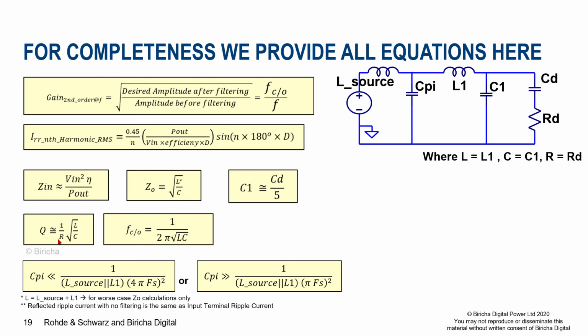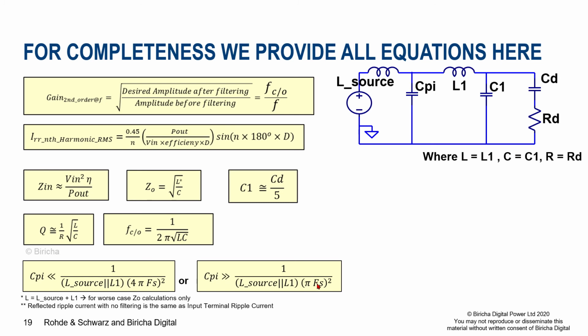And finally, we talked a little bit about the pi cap, which is the capacitor that sits here, C pi. We didn't have enough time to go through it in a lot of detail, but we provided you with two equations that you must not violate in order to calculate the value of C pi. L source here is the inductance or the impedance of your source, L1 is this value there, and Fs is the switching frequency.